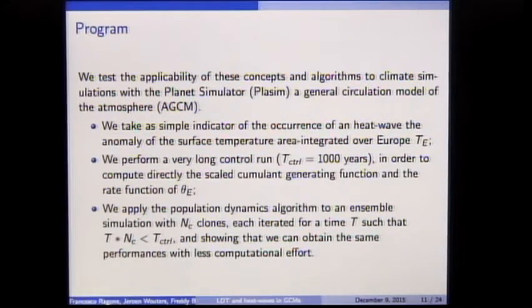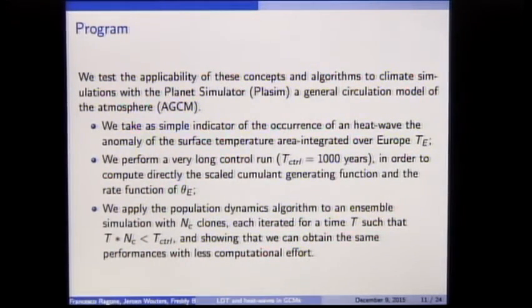I explain a bit how the model is done in the next slide. But first I want to say how we want to proceed to test if this method can be used. We take as indicator of heat wave a very simple one, the area average of surface temperature over Europe. Then we perform a very long control run of 1,000 years, and we compute directly, brute force, the scaled cumulant generating function and rate functions.